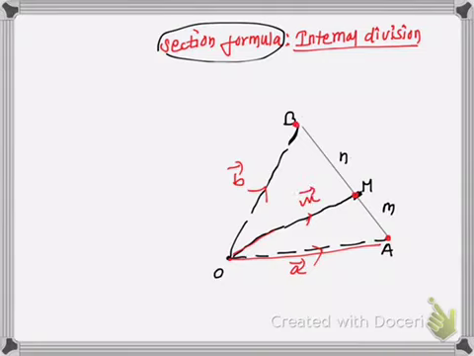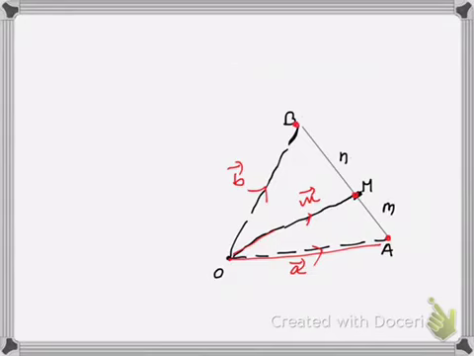Now I'll apply some rules like the triangle law of vector addition and try to prove the formula for internal division. So at first I'm going to take vector OM. According to the triangle law of vector addition, vector OM we can write as vector OA plus vector AM.